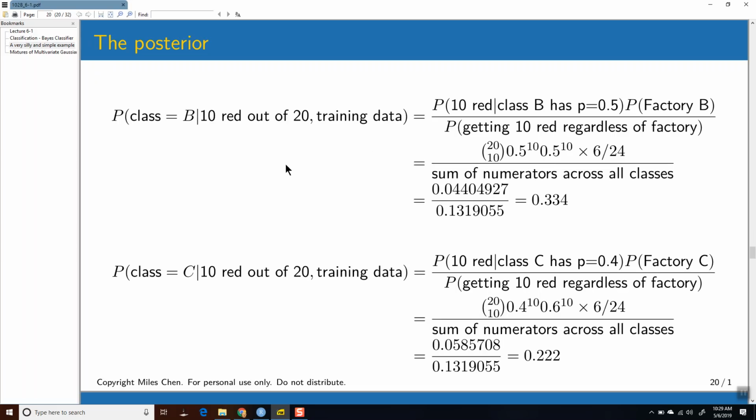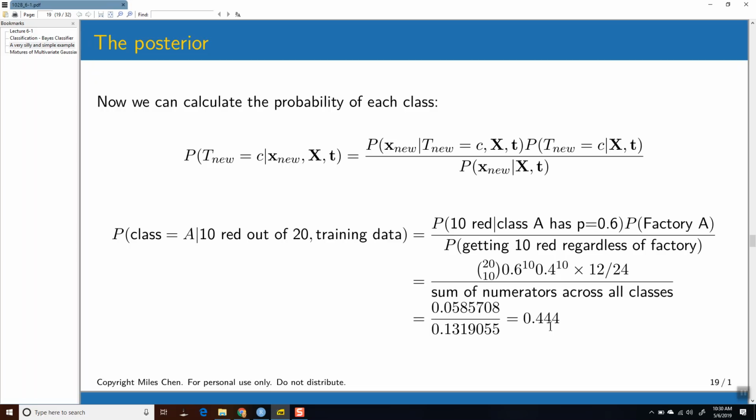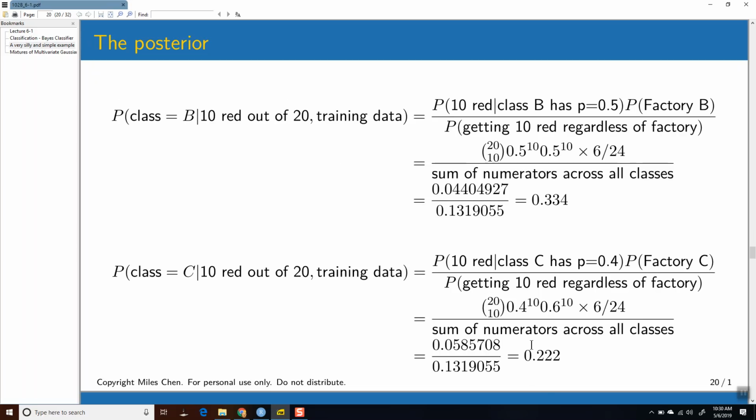We do this for class B and class C, and we get 0.334 and 0.222. I think I did all of these numbers correctly. And 0.444 plus 0.334 and 0.222 indeed add up to 1, which is good.